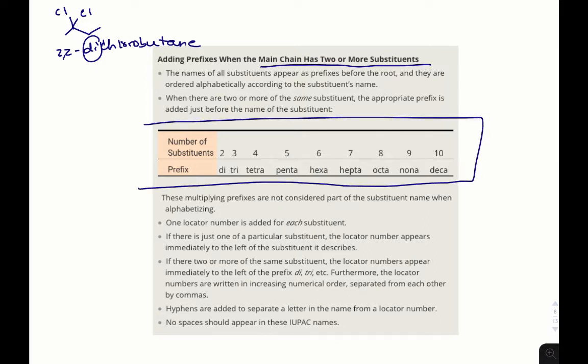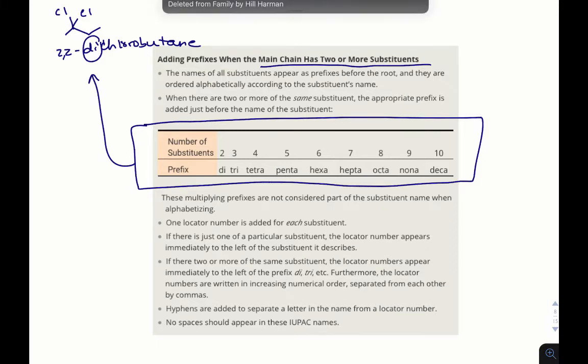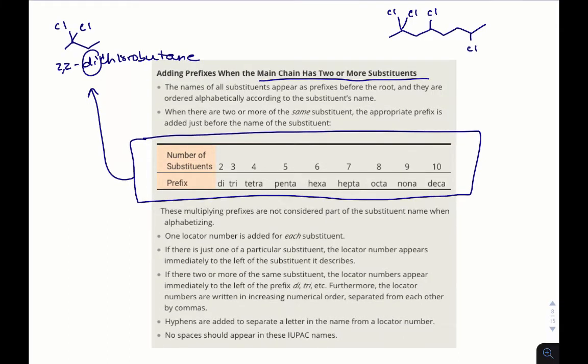So you also need to memorize these prefixes, which help you to indicate that there's more than one of a given substituent. Okay? So carefully read these rules. Now let's see if we can provide the name for this compound. So pause and give it a try on your own.